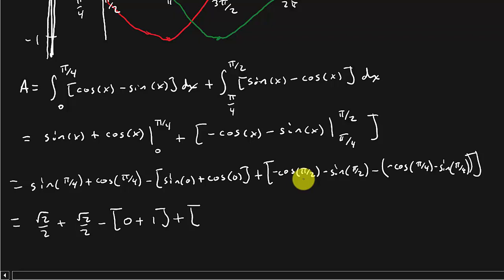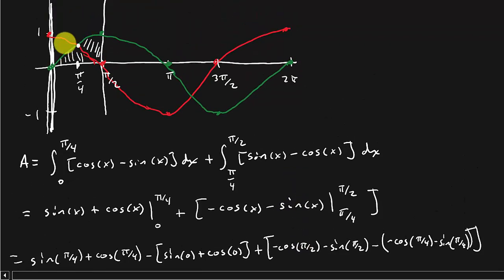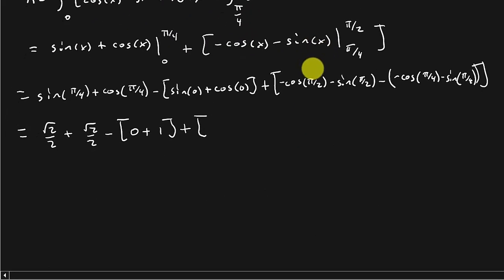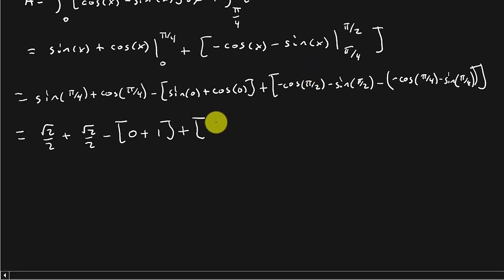Now look, you can get that real easy. Remember the red is cosine, and at pi over 2, cosine is 0. And so that's going to be 0 minus, and then the sine of pi over 2 is 1 minus, and then minus cosine pi over 4, that's a negative square root of 2 over 2 minus square root of 2 over 2.